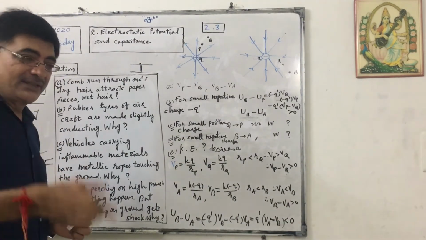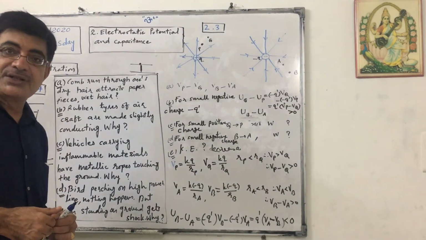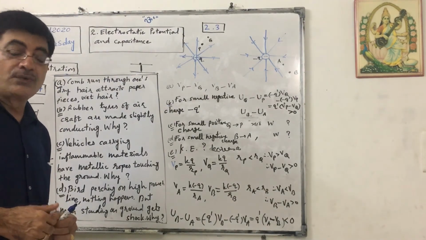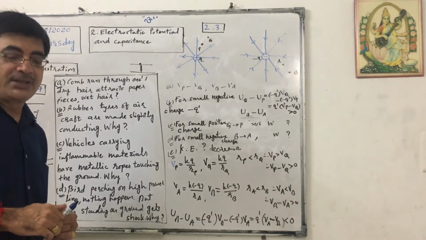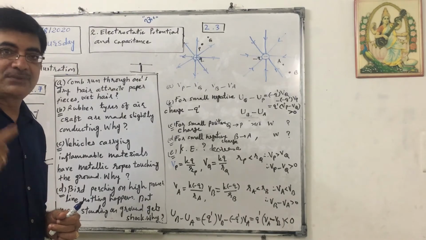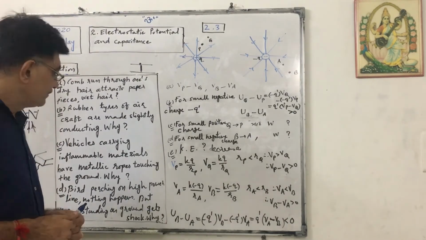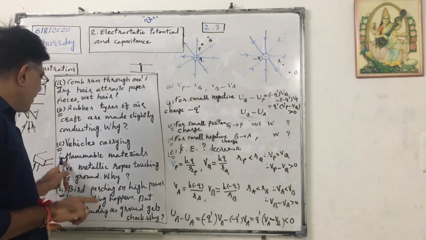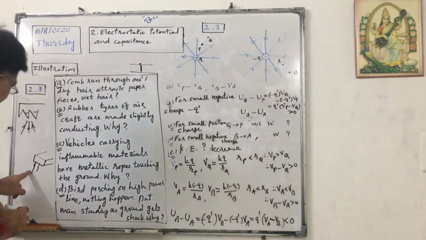So it can give the charge to the ground very fast. Ground itself is conducting, but if the tires have also some conduction, then the charge will flow very fast. Vehicles carrying inflammable material have metallic rods touching like this, okay?